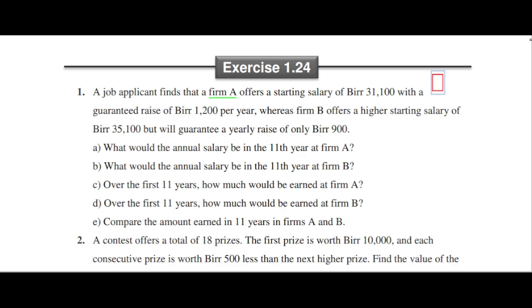For firm B, we have starting value A1 which is equal to 35,100 and common difference D which is equal to 900.